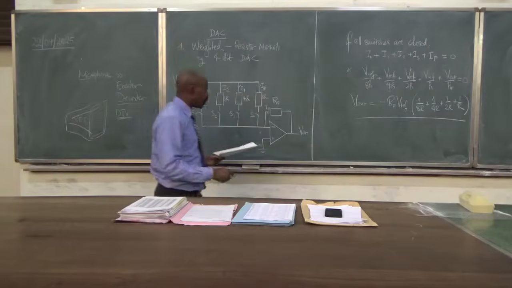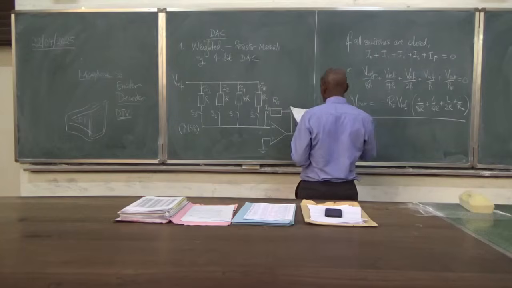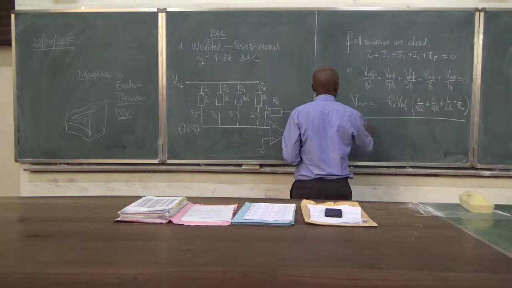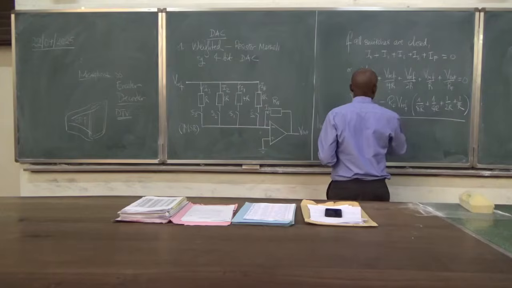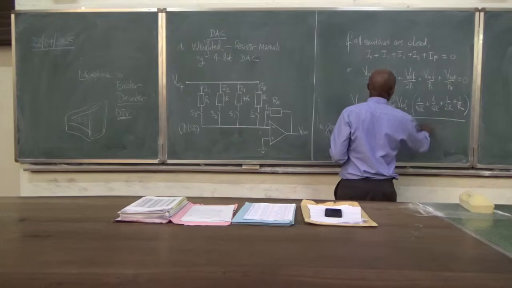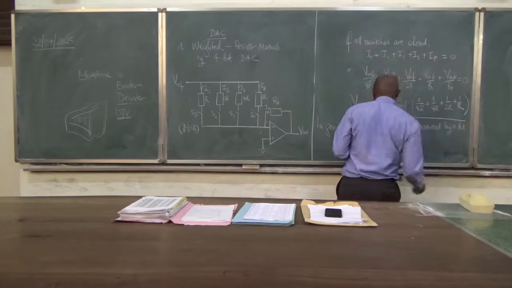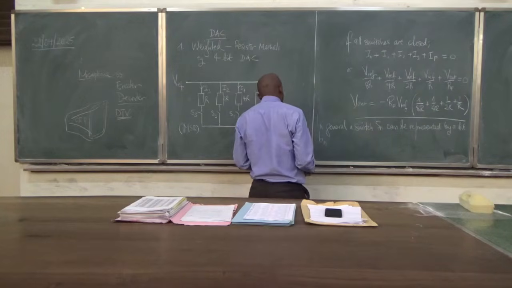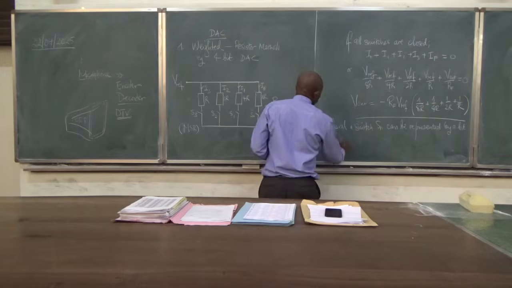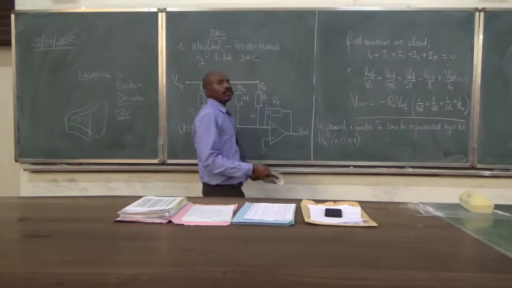So in general, any switch SN can be represented by a bit Bn, which is 0 or 1. If it is off, it is a 0.